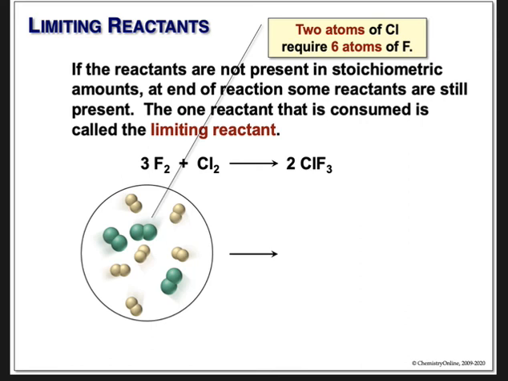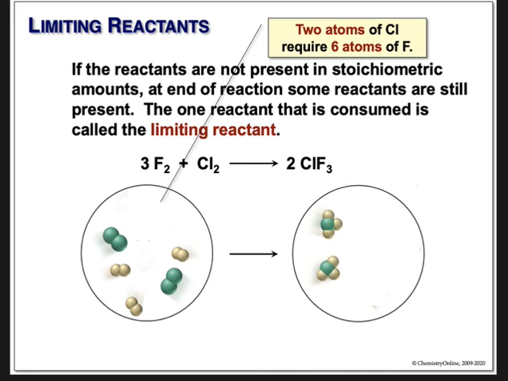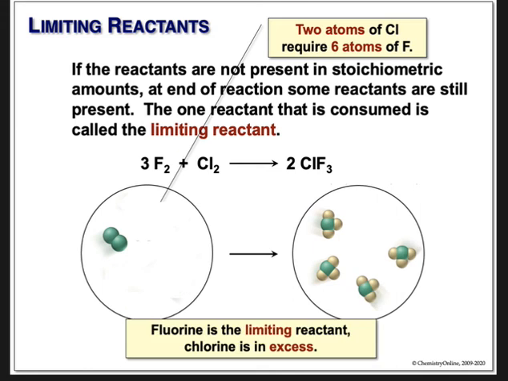So from this cartoon, you can see if we took 1 Cl2, we would need 3 fluorines to go with it, and we would make 2 chlorine trifluorides. We can do this again. Take another chlorine, take 3 more fluorines, and make 2 more ClF3s.